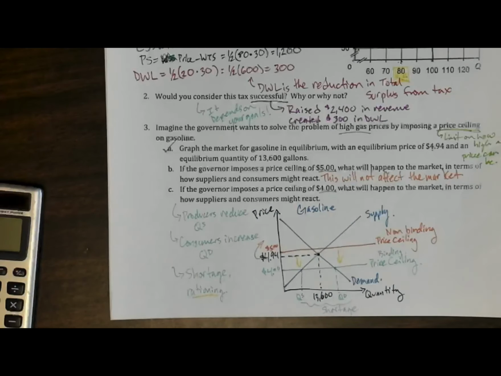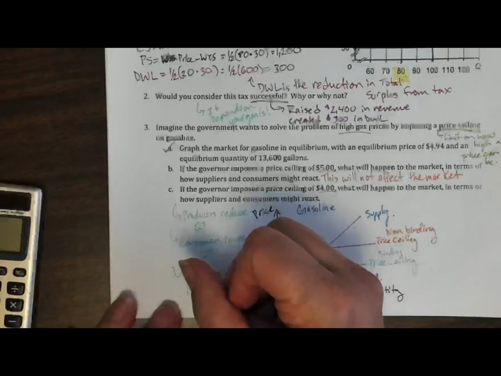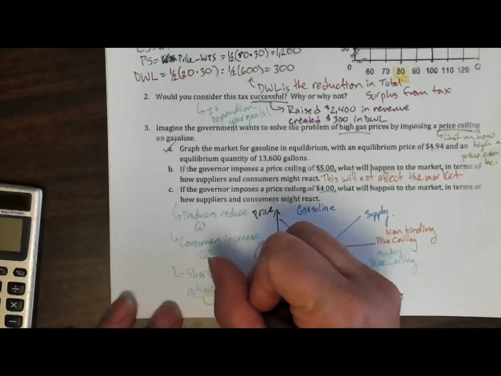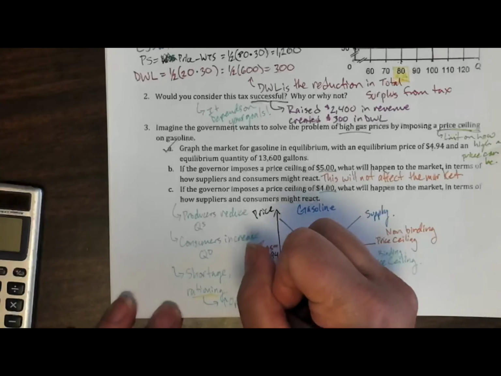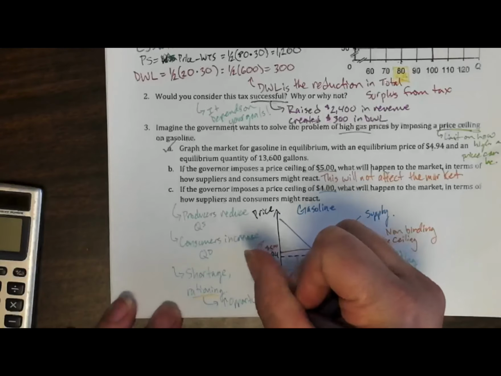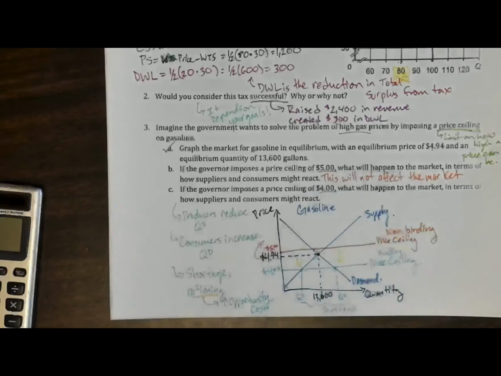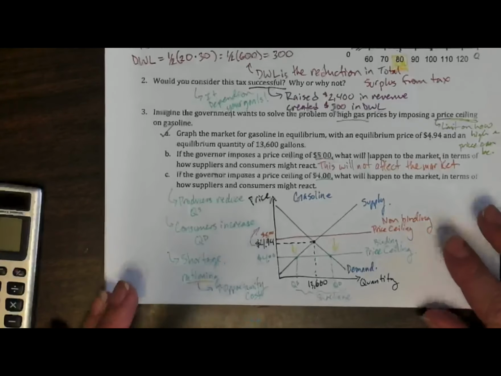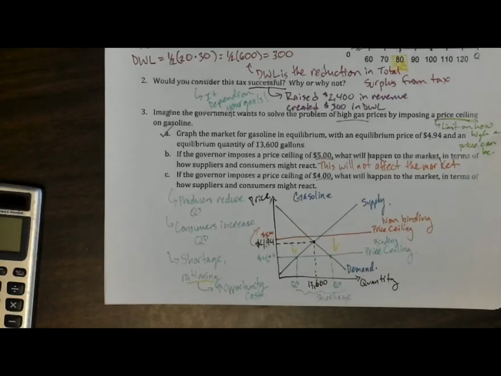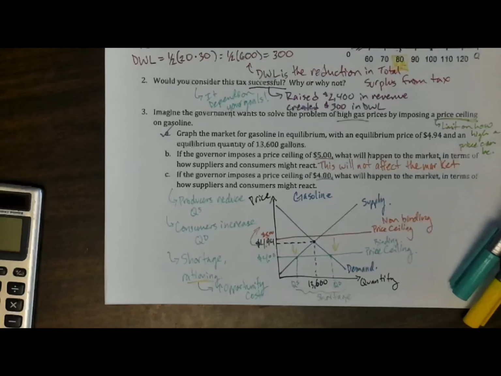The idea there is that maybe the price is lower, but you face a higher opportunity cost of your time associated with waiting in line for that lower gas price. So those are going to be some of the unintended consequences that we're going to expect to see when we have a price ceiling imposed.